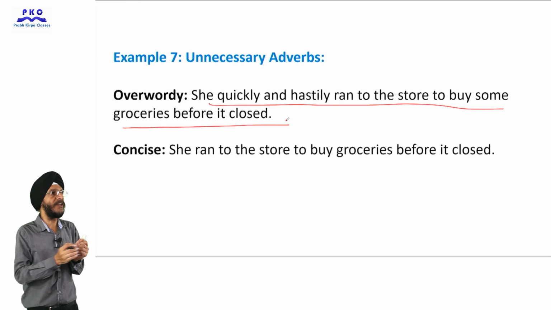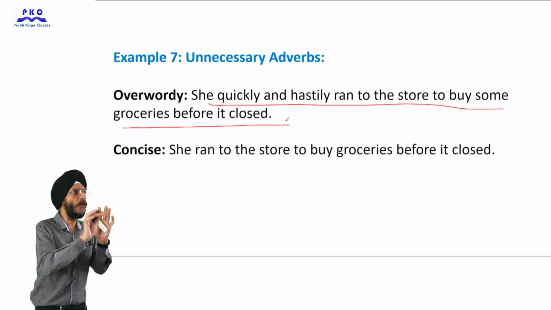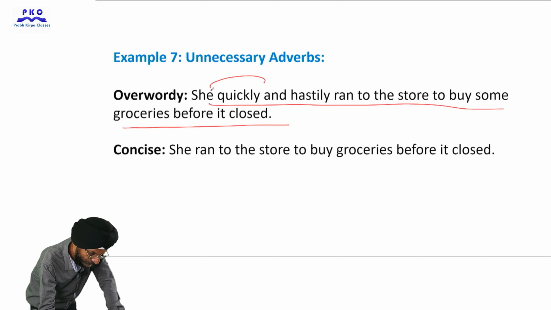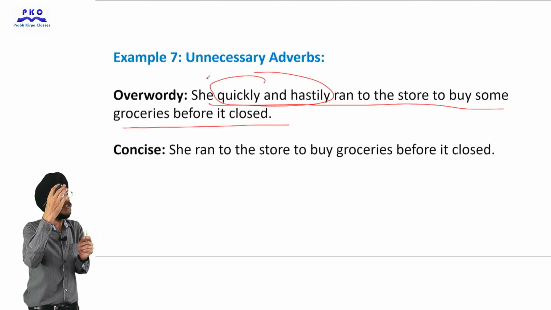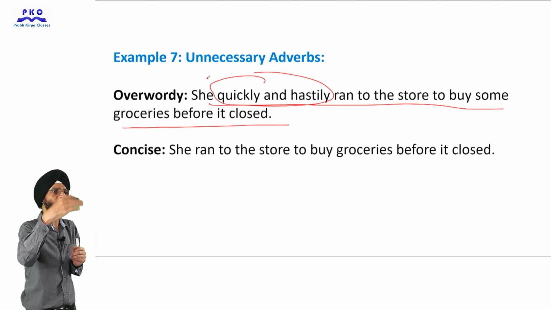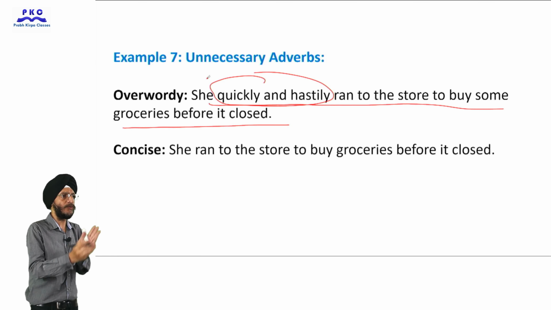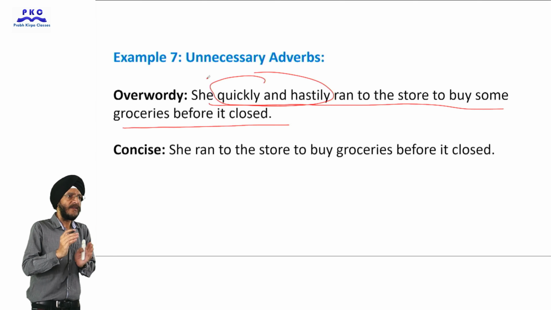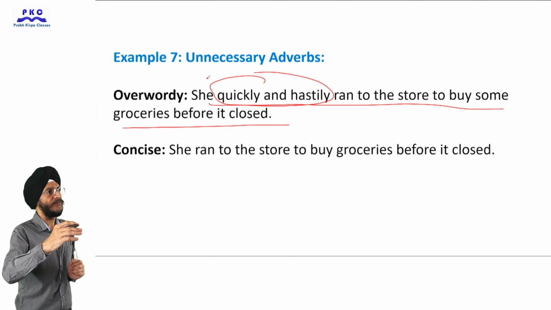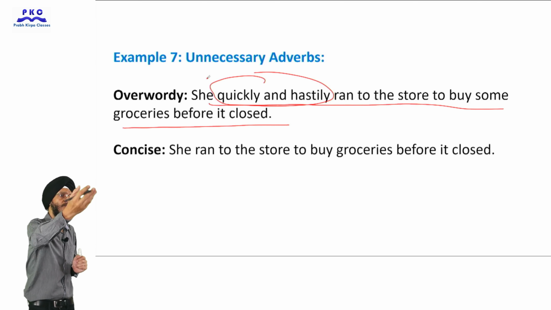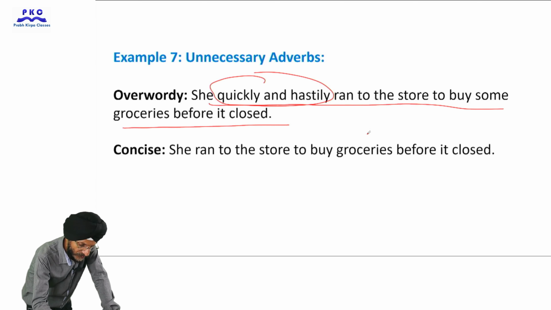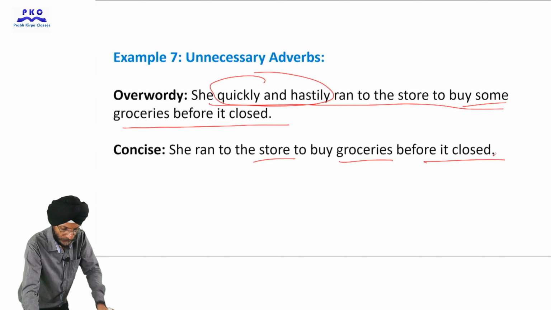There is no need to use the adverbs quickly and hastily, because she already knows that the closing time of the shop is near. So she will naturally go fast to reach the shop in time. So: she ran to the store to buy groceries before it closed.